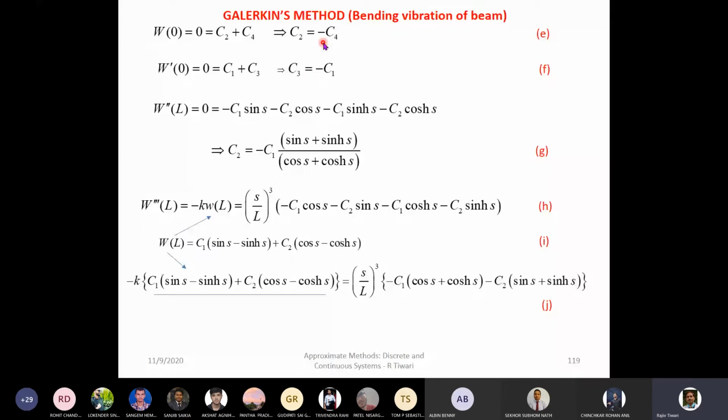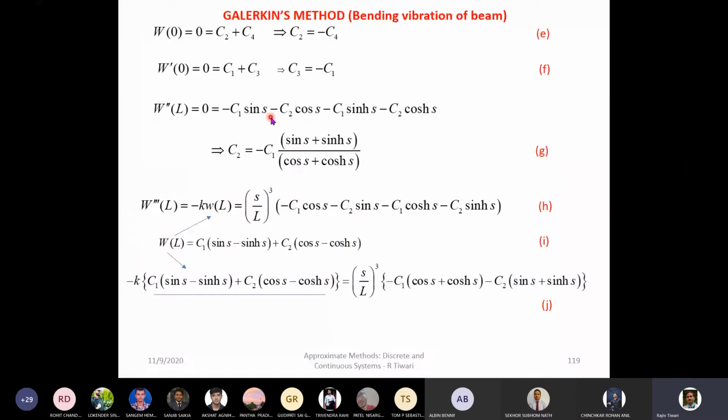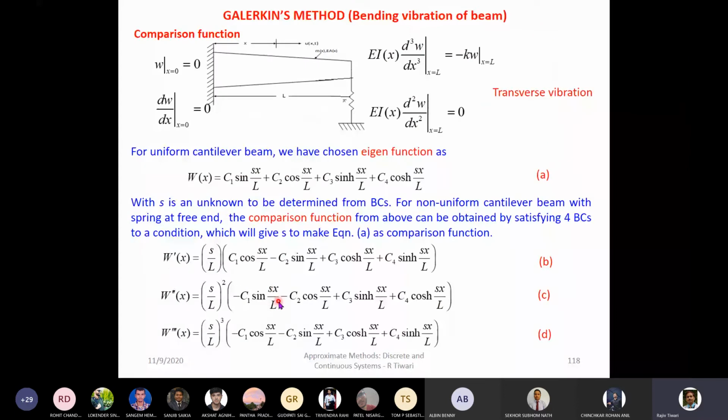Now from the third boundary condition, bending moment, that is the second derivative. If you put x equal to L, wherever L appears in the previous expression, we will be left with the S only here.